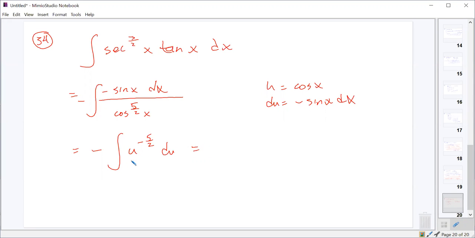U to the negative 5/2 should go up to be negative 3/2. We'll divide by negative 3/2, which will cancel with the negative and flip to become 2/3. So we'll have 2/3 of u to the negative 3/2, so we'll put that in the denominator, plus our c.